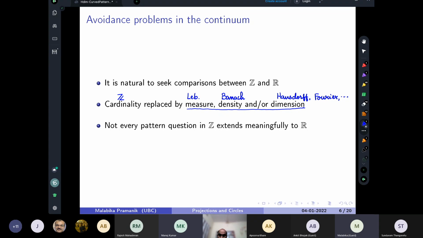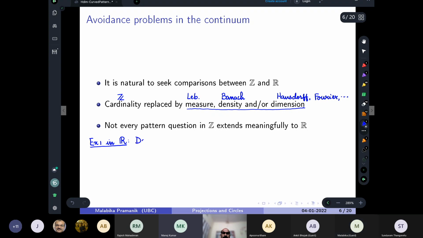However, it's not true that every pattern question in the integers, if extended verbatim to the continuum setting, makes sense. So maybe we could start by just looking at the two examples. Let's look at example 1, but recast on the real line. We could say, does every large set in R contain arithmetic progressions?